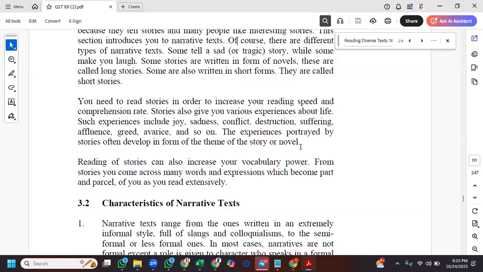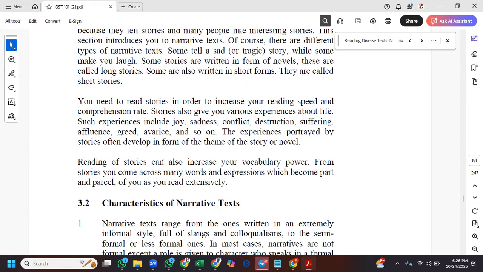That's why when you go to the bookshop, you are most interested in the titles of the books. It is the title that attracts you, maybe "The Joy of Motherhood." Let me buy it. I want to see how mothers experience the motherhood life.